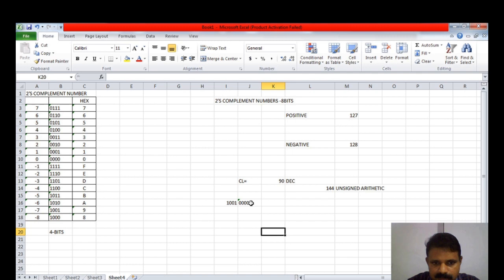That means it is some negative number in signed arithmetic, and this represents minus x. Negative numbers are represented using 2's complement of the representation of the positive number. So this is the 2's complement of plus x. We want to know what is x now.